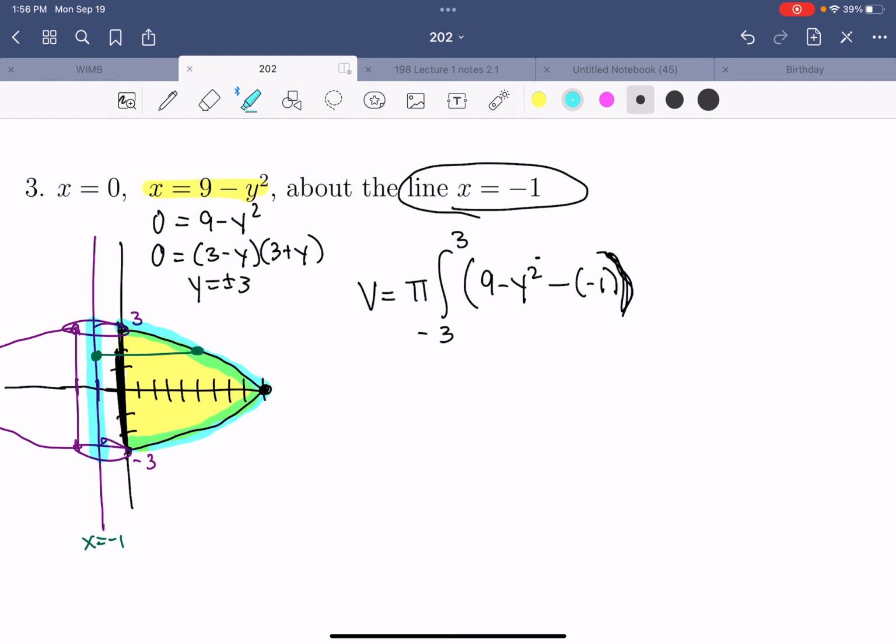The rightmost is 9 minus y squared and the leftmost is -1. I'm squaring that because we're finding the area.